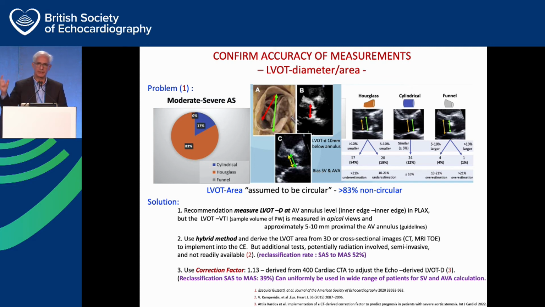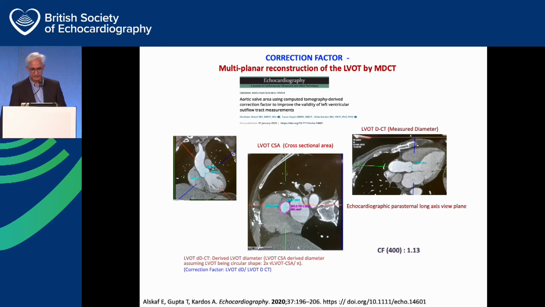If we multiply the left ventricle outflow diameter by it, we get a much better corrected LVOT area that reclassifies patients from severe aortic valve stenosis to moderate aortic stenosis by 39%. And this could be uniformly used in a wide range of patients, as we have shown in our report.